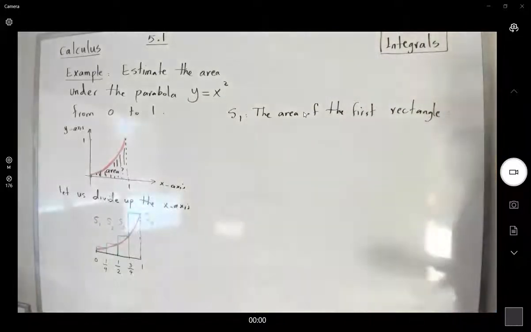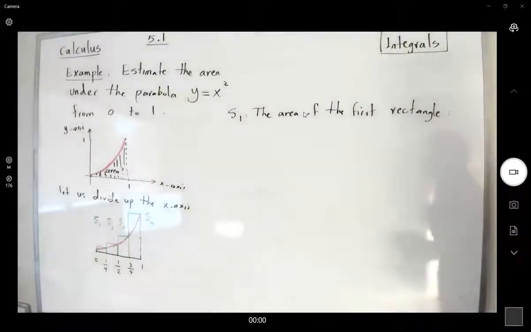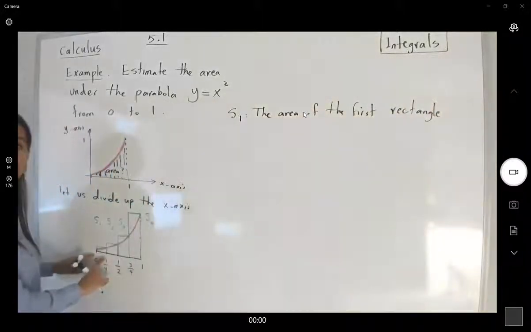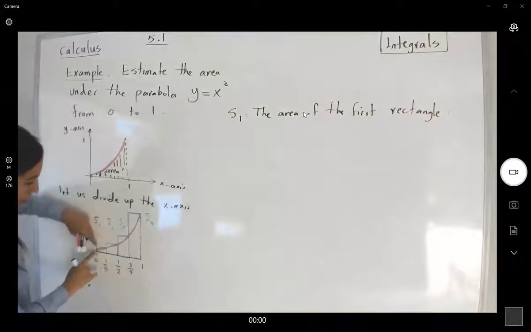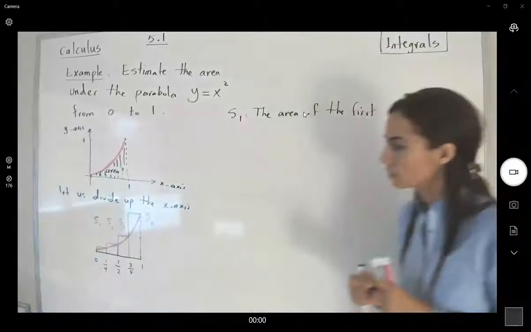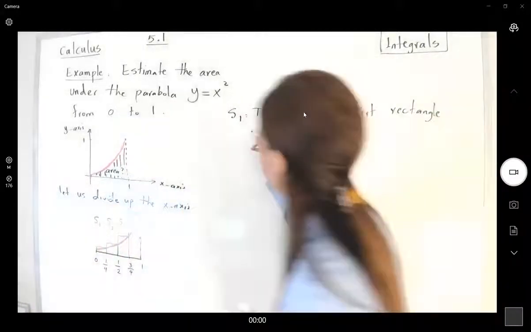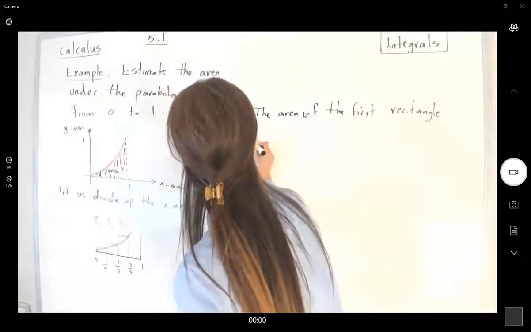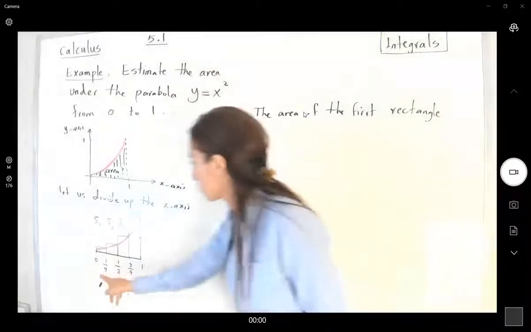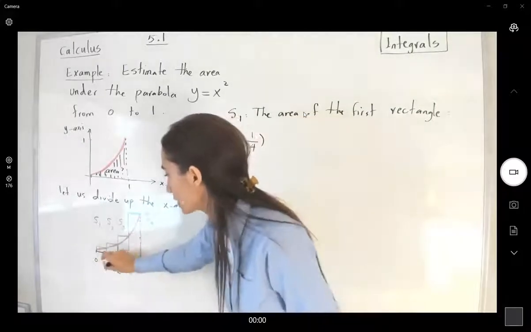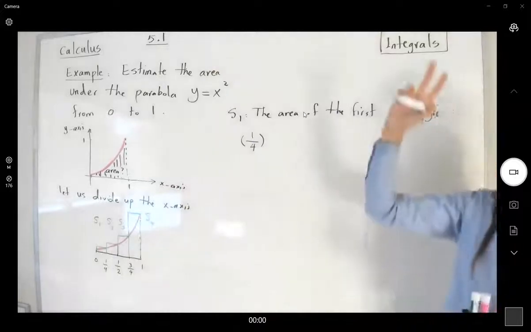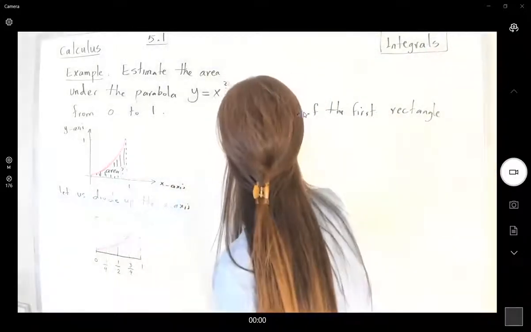Okay, it isn't hard to find the area of a rectangle. I need this little measurement, this little piece here, and I need this measurement here. So I have 1/4 times 1/4 on the x-axis; on the y-axis, I get (1/4) raised to the second power.